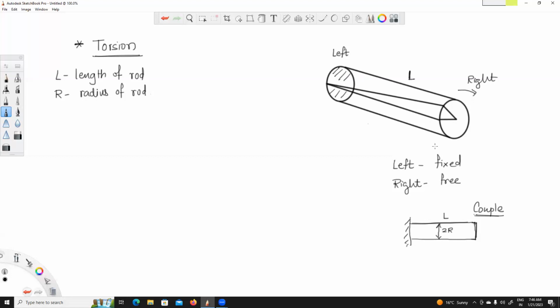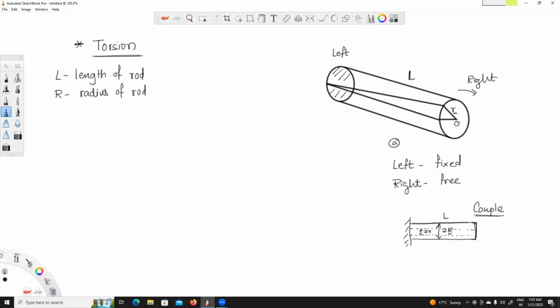Let us consider a small shell, which is a part of this entire rod. Capital R is the radius of the rod. Whatever I have drawn in this figure A is this one. This is a shell of diameter 2r, where small r is the radius of the shell.